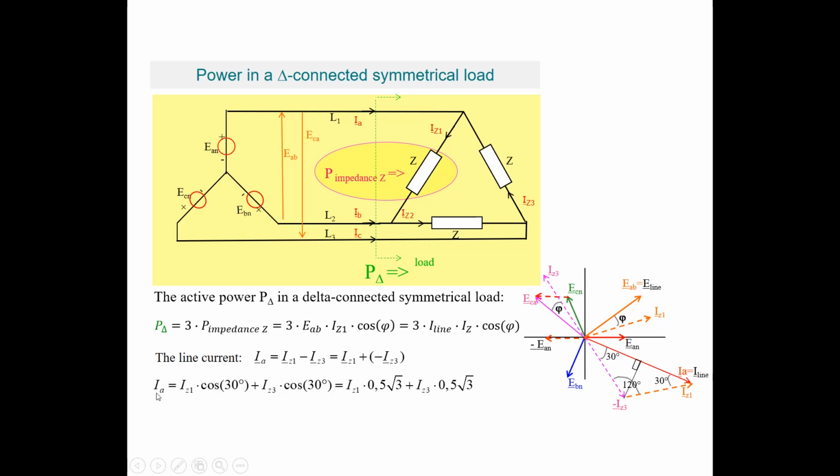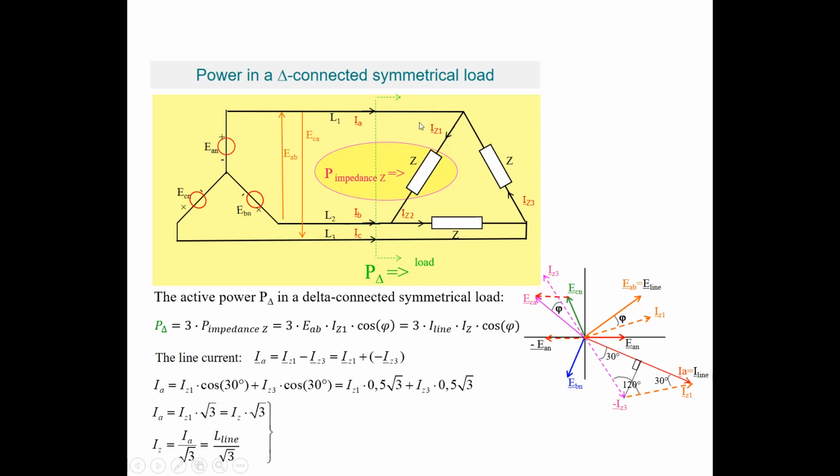So we can say IA is IZ1 times the cosine of 30 degrees plus IZ3 times the cosine of 30 degrees. Cosine of 30 degrees is equal to 0.5 times the square root of 3. So IA is IZ1 times the square root of 3.